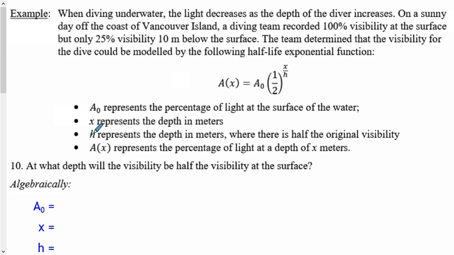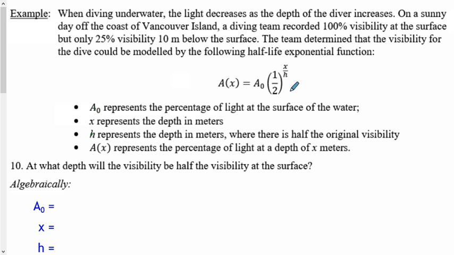H, this is the number that's kind of unique here, where this is the depth in meters where there's half the original visibility. So this ties back a little bit to the question we did in the previous video, where we were looking at the amount of a drug or medication that's left in your blood system after 4-hour periods. So there we set up an equation where we had a 4 in the denominator of the exponent.